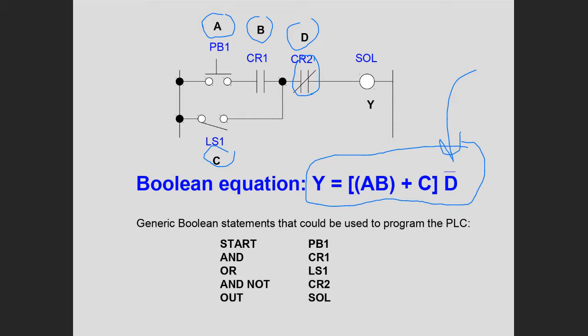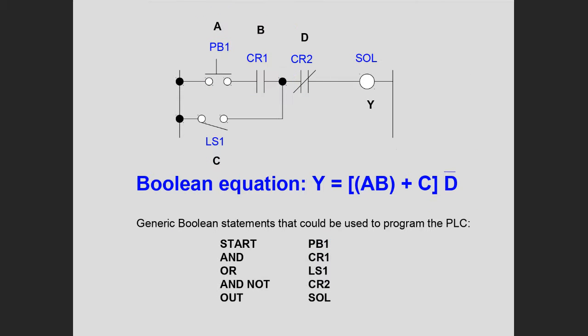So you might have one instruction that says start, and the start is this PB1, and since these two are in series, you're ANDing PB1 with CR1. So we're starting with PB1, you're going to AND that with CR1, so now that next command takes these two and ANDs them together, basically to give you this term.